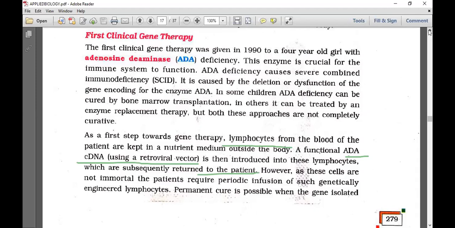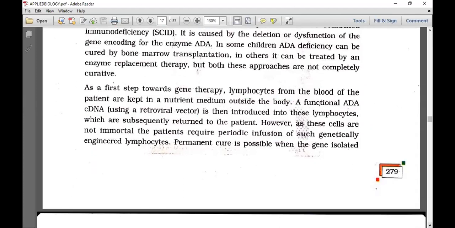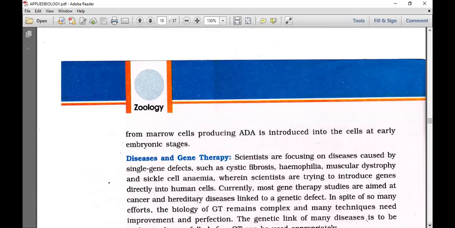However, as the cells are not immortal, the patient requires periodic infusion. That means after a period of time, the cell lifespan is over, and we need to introduce new cells again. So genetically engineered lymphocytes need to be inserted again. A permanent cure is possible only when the gene producing ADA is isolated and introduced into cells at early embryonic stages, which means hemopoietic stem cells.